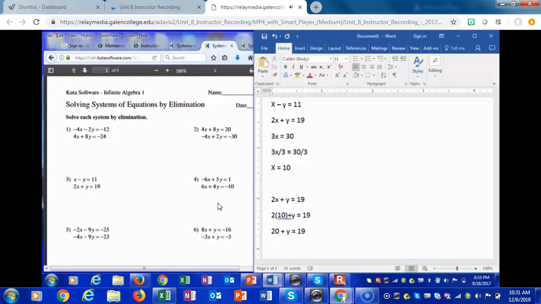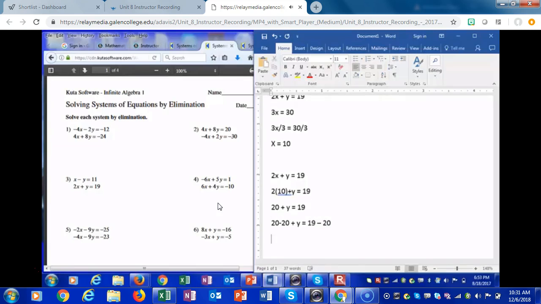So if 20 plus y is 19, we need to subtract 20. So 20 minus 20 plus y equals 19 minus 20. 20 minus 20 is eliminated, or canceled. So y equals negative 1. Our final coordinate pair is 10 and negative 1.